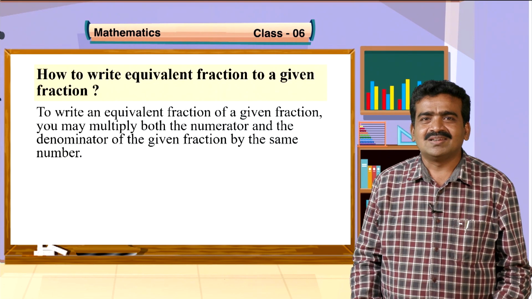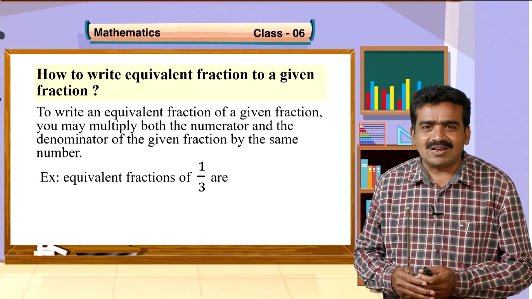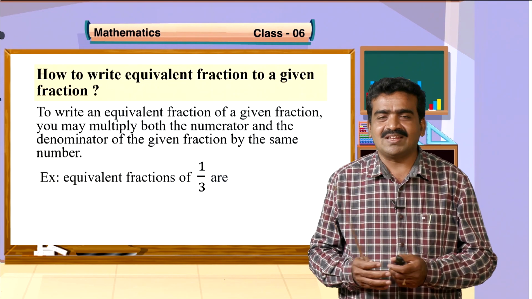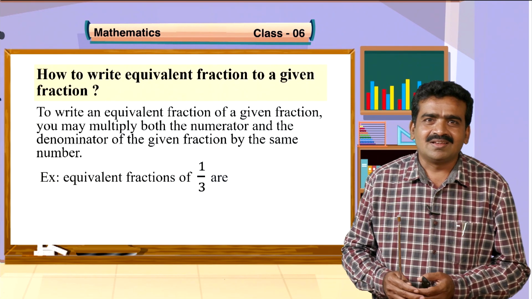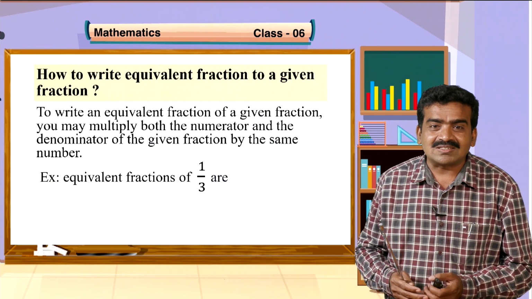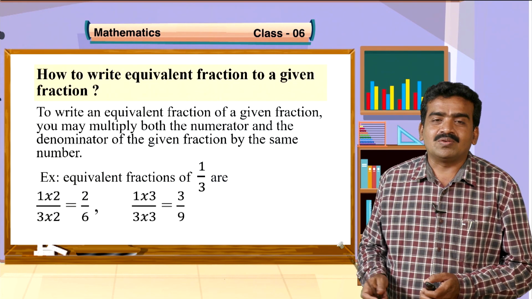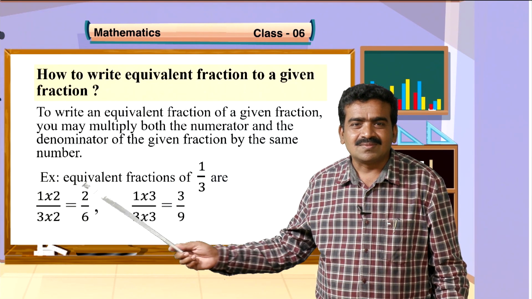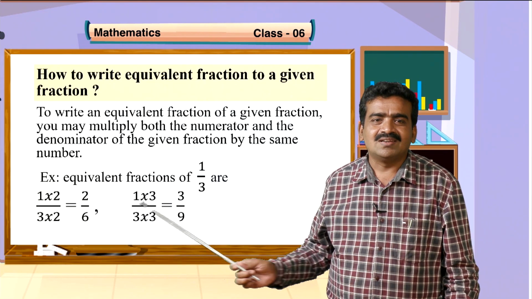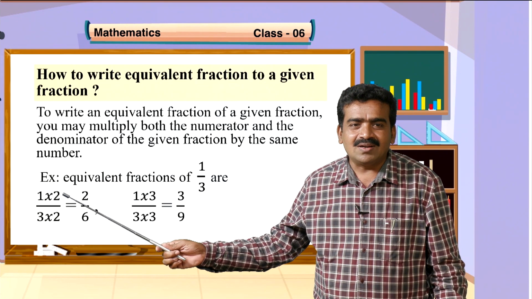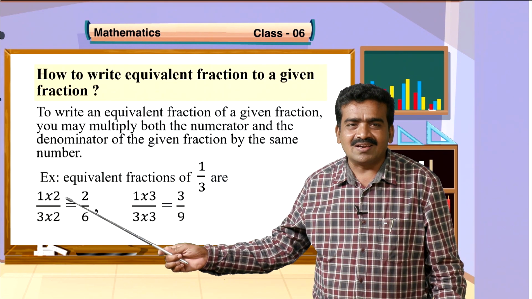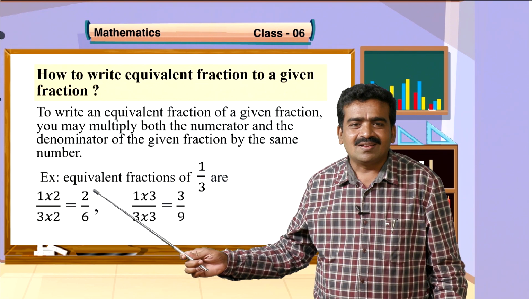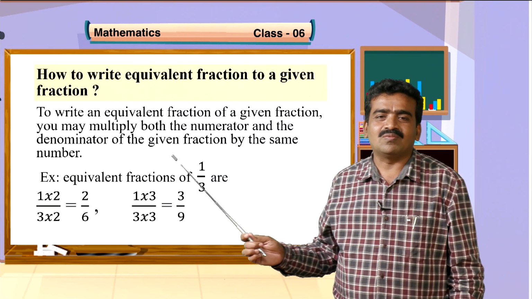If there is a fraction like 1 by 3, to write equivalent fractions for 1 by 3, we have to keep on multiplying by different values. If you multiply the numerator and denominator by 2 and 2, we will get an equivalent fraction for 1 by 3.